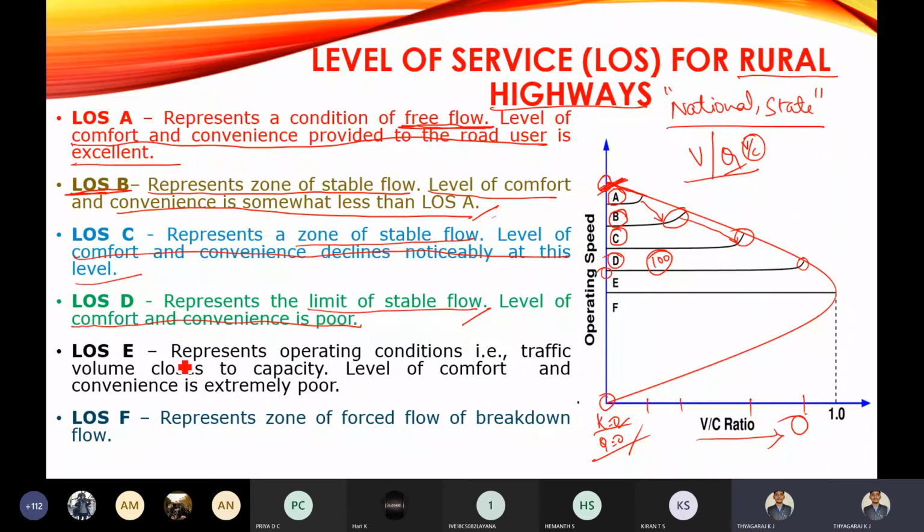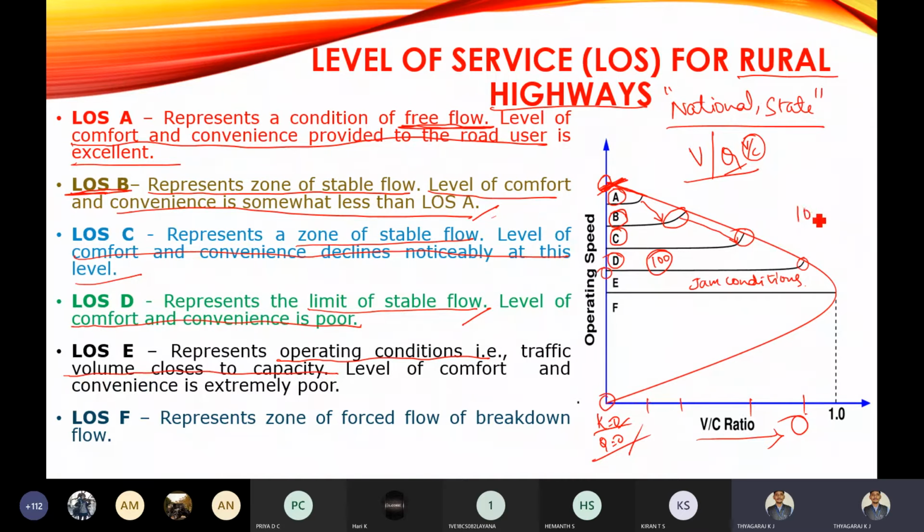Then LOS E represents the operating conditions. At this condition we can experience jamming conditions, that is the operating condition where the traffic volume is closest to capacity.